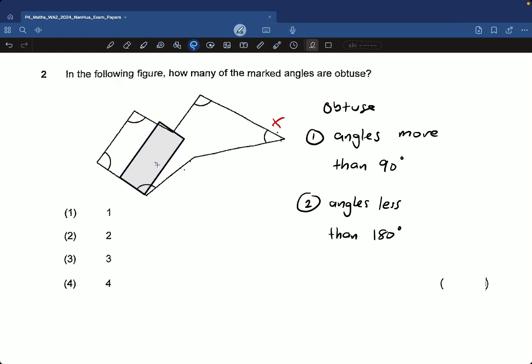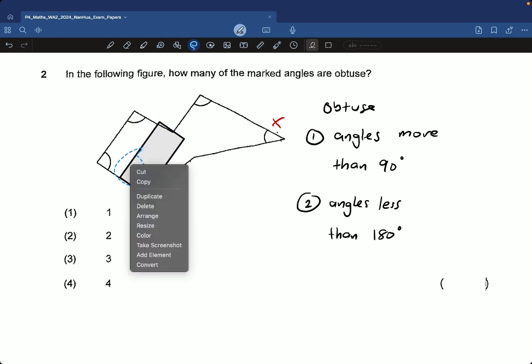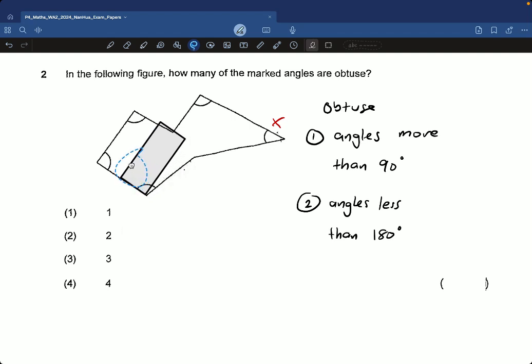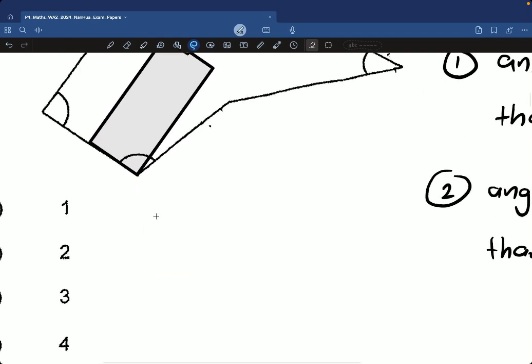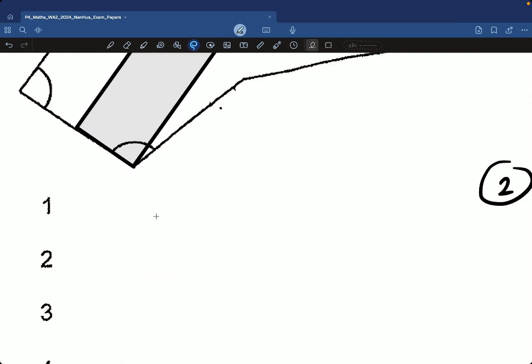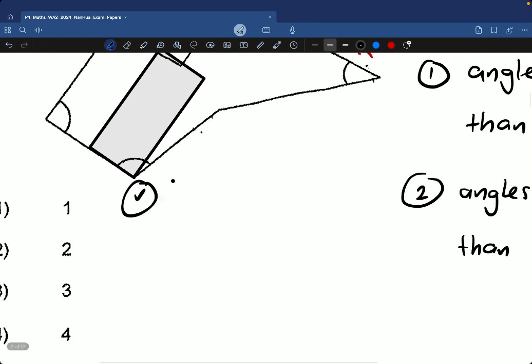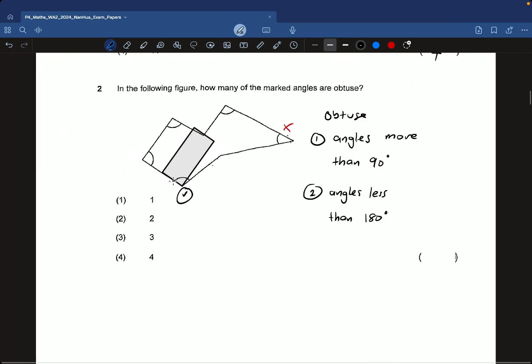If I put the corner of the ruler close like that and zoom in, you can see that it is more than 90 degrees because there's additional space over here. So this is a correct one, an obtuse angle.